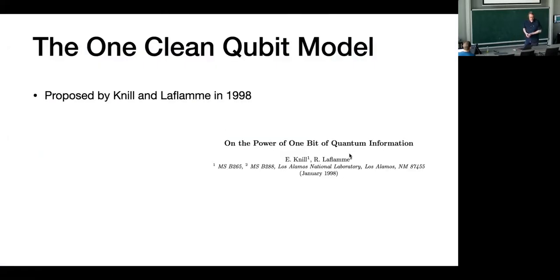So the one clean qubit model as a model of quantum computation was proposed by Knill and Laflamme already in 1998. And it was kind of used for doing quantum computation on NMRs.